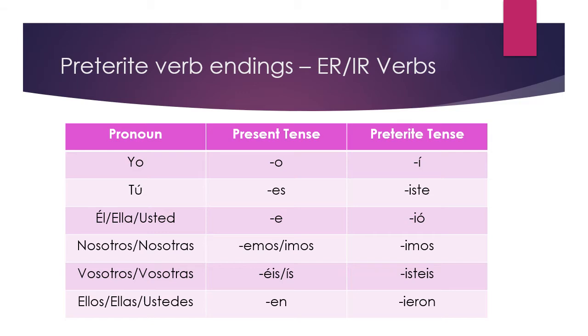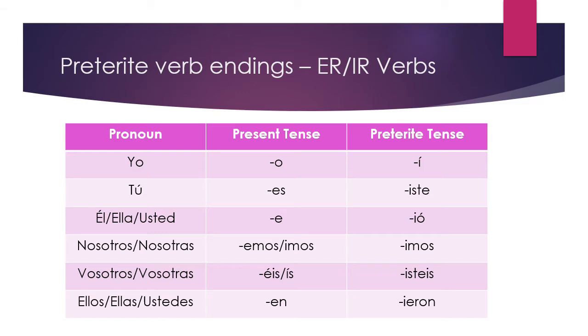Yo goes with í. Okay, so in the present tense it's an o. In the preterite tense it's an i with an accent mark. And again, the accent is important here. Tú goes with iste. Él, ella, and usted go with ió.